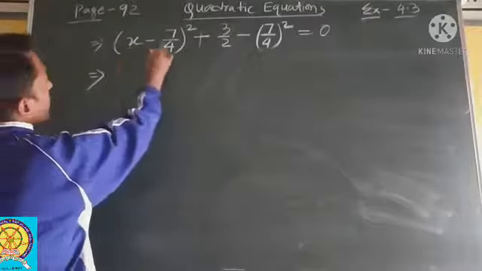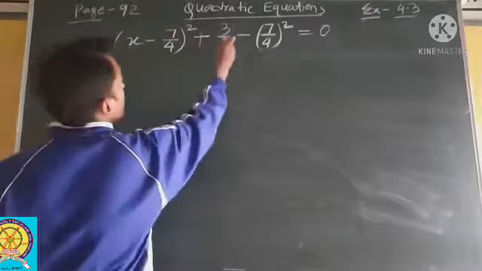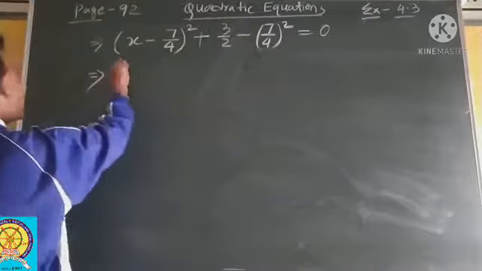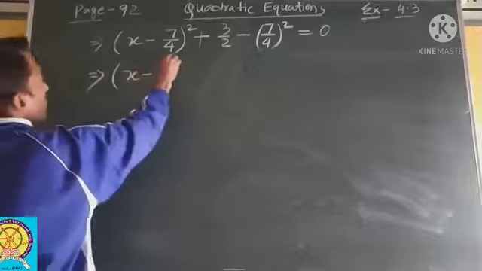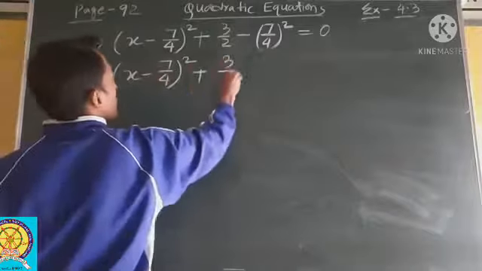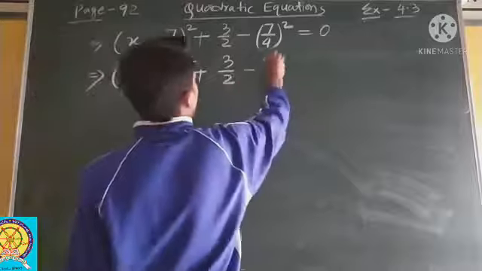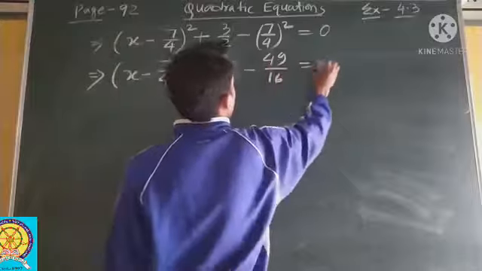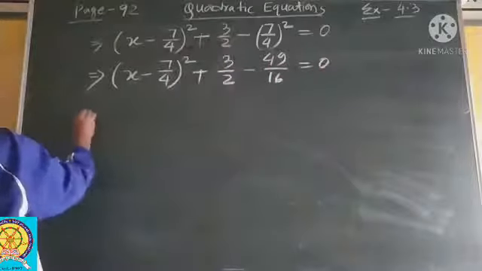Now you see x minus 7 by 4 whole square plus 3 by 2 minus 7 by 4 whole square is equal to 0. So again you write x minus 7 by 4 whole square plus 3 by 2 minus 49 by 16 is equal to 0.